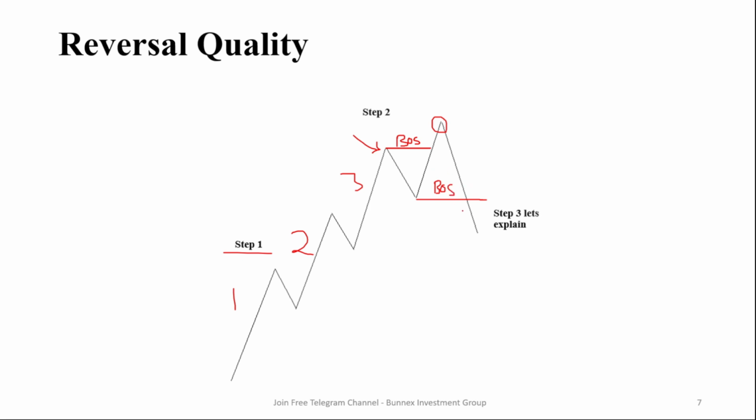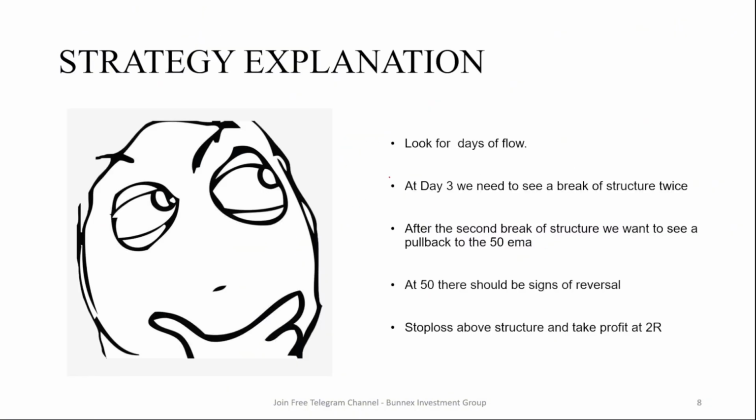After breaking the last low, we are now getting ready for step 3, which I'll show you shortly. So basically step 1, counting of levels. Step 2, break of structure twice, which is validation of the reversal region. And then let's go to the strategy explanation.